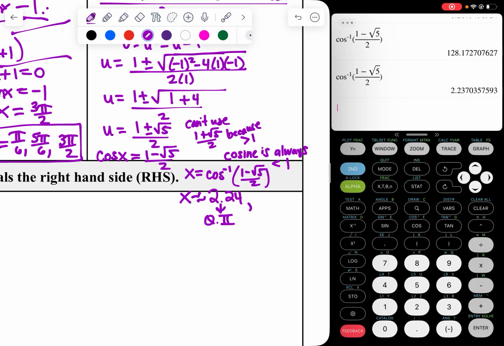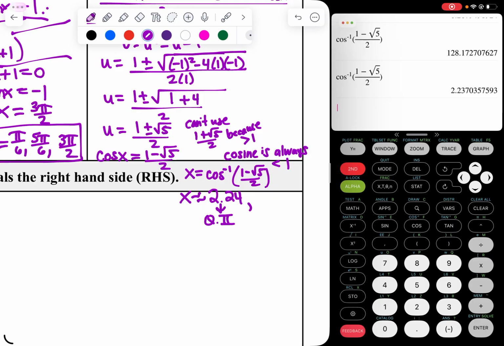So what I need to do is figure out pi plus the reference angle.